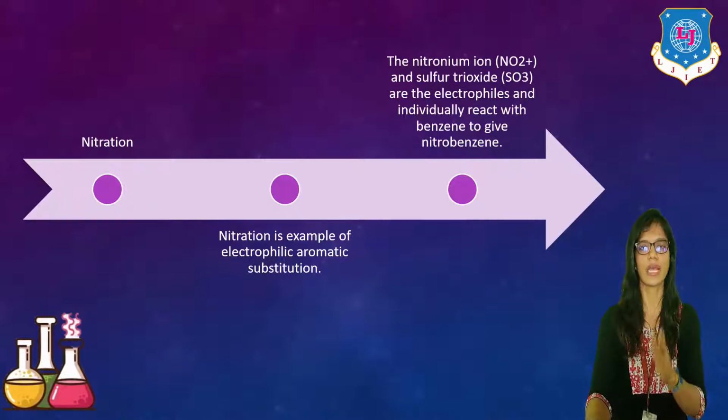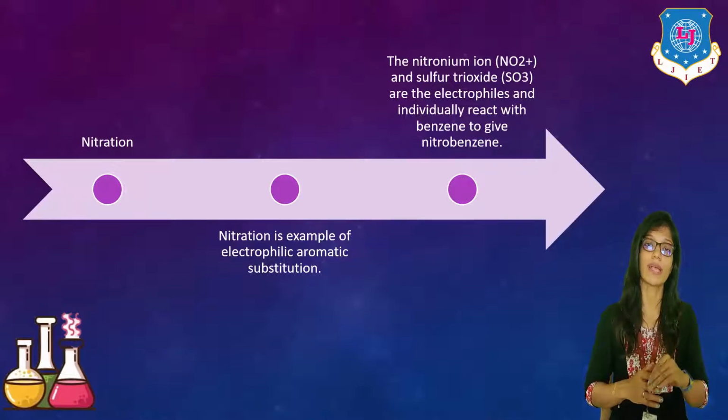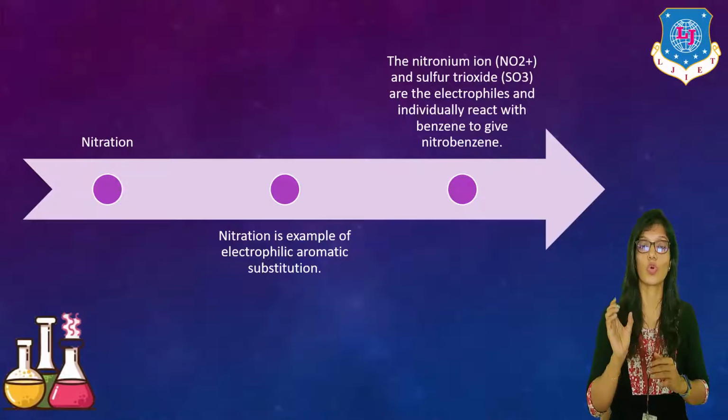So this shows how nitrobenzene formation occurs. In general, nitrobenzene formation occurs through the reaction of concentrated HNO3 plus concentrated H2SO4 with benzene, and the nitro group is transferred to it. So we get a nitro group containing compound using this mechanism.